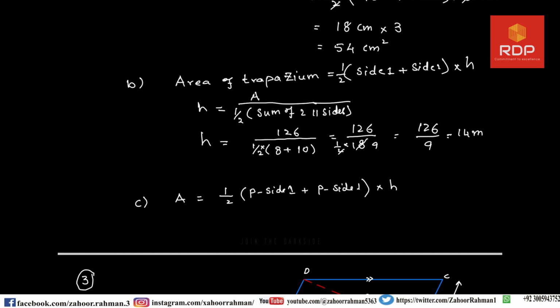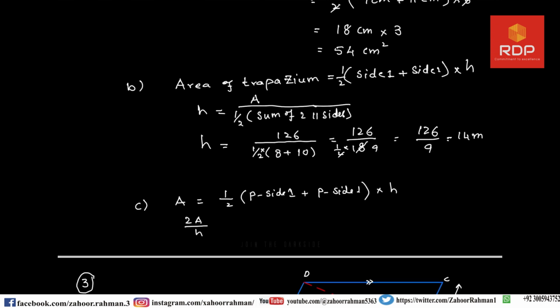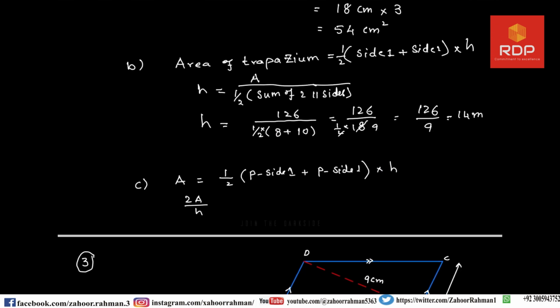So we can write this as 2a divided by h, and because we have to find parallel side 2, we subtract parallel side 1, and parallel side 2 will be the subject.